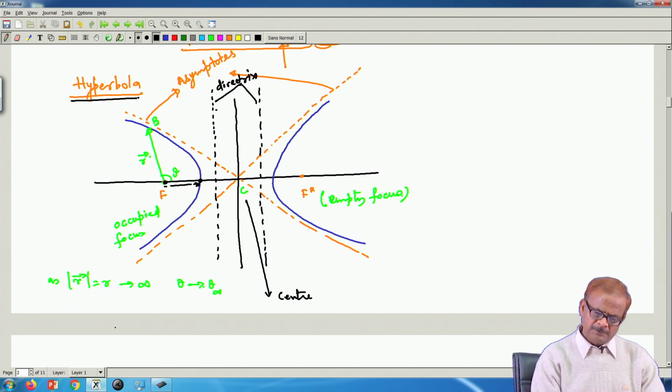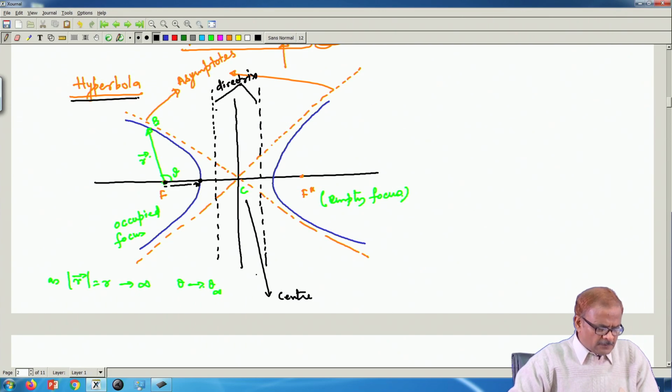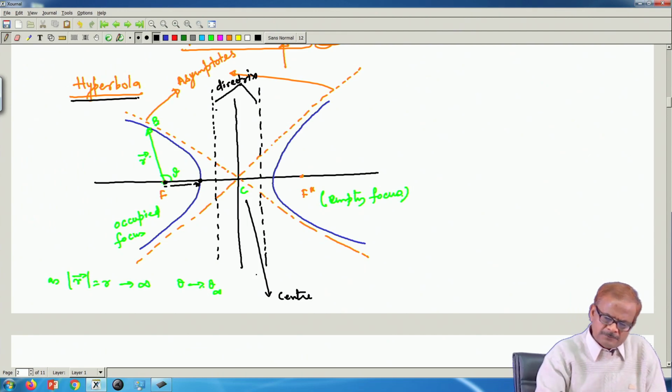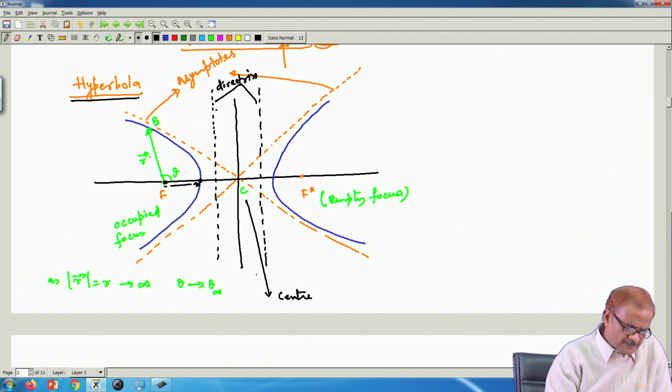Okay, so I will not go into much detail on this, because later on we are going to discuss the motion of a particle once it is describing a hyperbola. At that time we have to repeat the same thing, so I am just skipping this particular part at this stage.